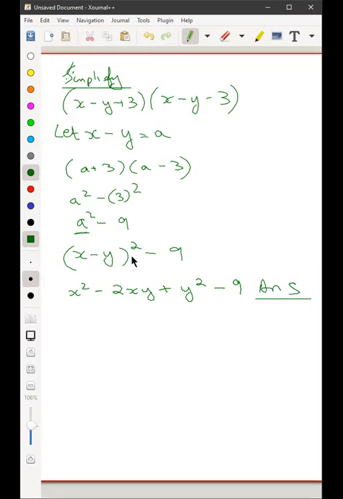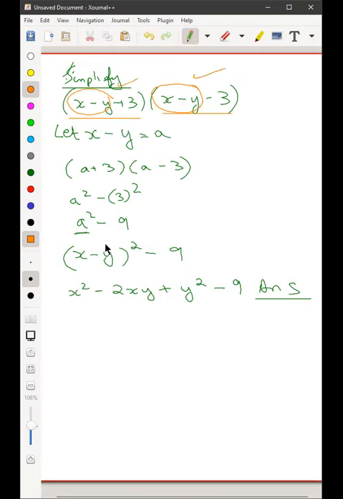Okay. So now you need to start identifying these kinds of patterns. When you were speaking this out, x minus y plus 3, x minus y minus 3, what you need to see is that x minus y is common in both. Think, what can I do with this? This is the hint which is there in the question itself.